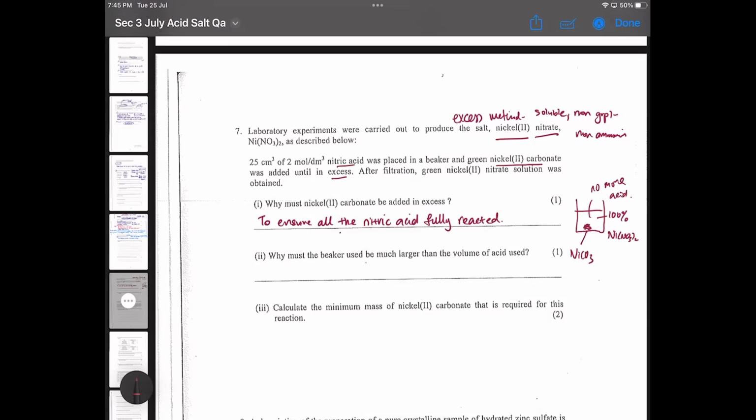Okay, so why must the beaker be much larger than the volume of the acid used? This is a little bit silly.